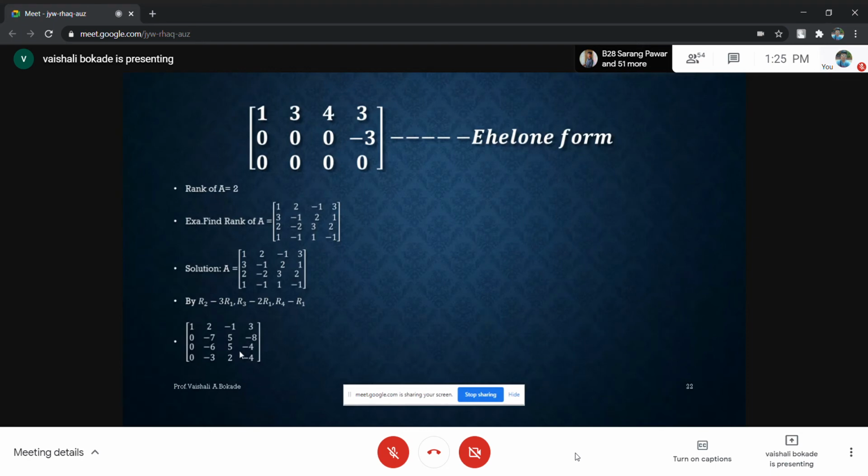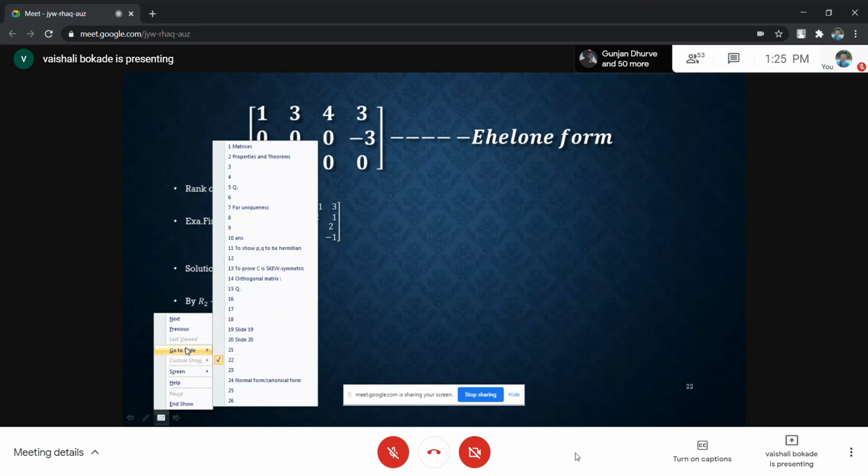After that you will concentrate on the element at the 2 place. This entry I have to make 1. And then I'm using R2 for converting the other entries below 2 to 0 in C2. Yes, so I'm going to the next slide.